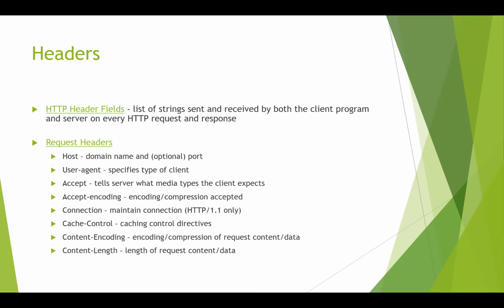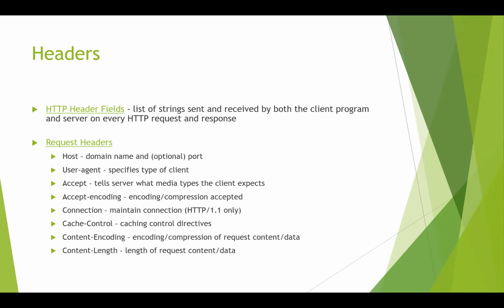The connection, which is somewhat of a deprecated feature, is not available in the HTTP 2 or 3 protocol. This tells you whether or not to leave the connection between the client and the server open. Please note that the server may still choose to close the connection. This is simply part of the request to the server.